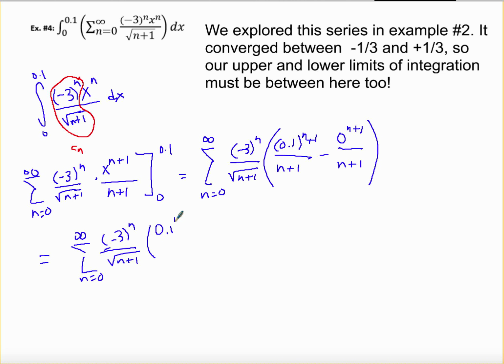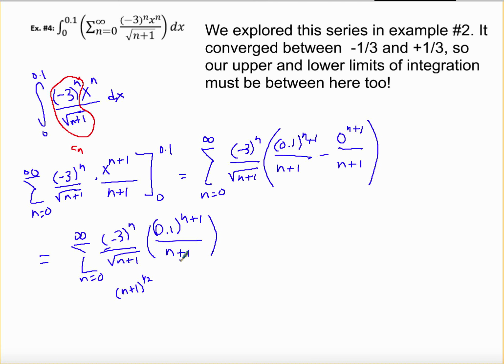I'm just rewriting it. And that's pretty much what we've got here. We can simplify it, I guess, a bit more. We know the square root of n plus 1 is really n plus 1 to the 1/2 power.